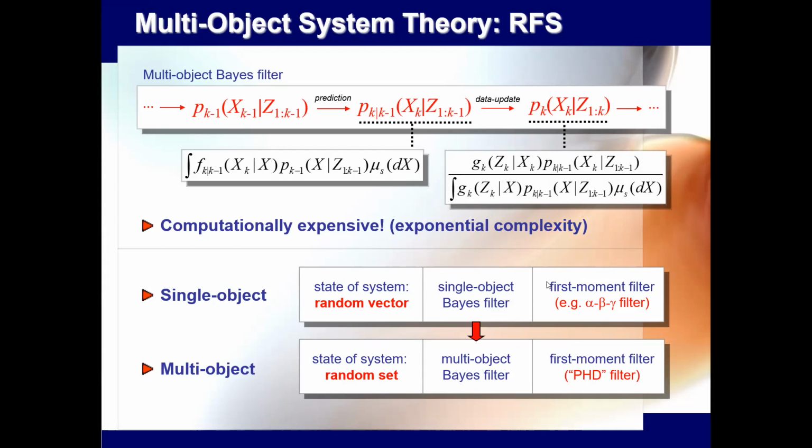In the table at the bottom, we're comparing the single object case and the multi-object case. In the case of a single object, the state of the system is a random vector. In the case of multi-object, it is not a vector form anymore, it's a random set. In the single-object case, we have a Bayesian filter, and in the multi-object case, we also have a Bayes filter. But as I said, the integration is still difficult.